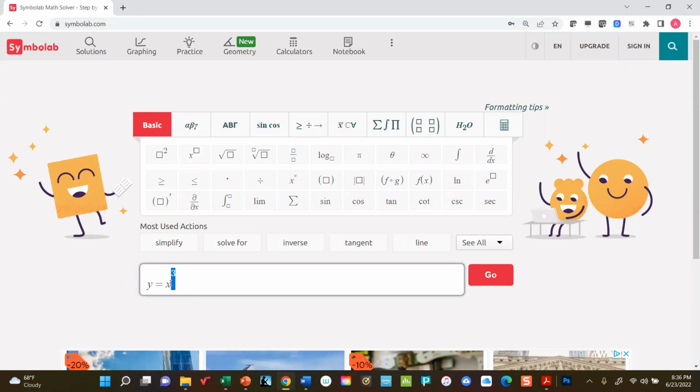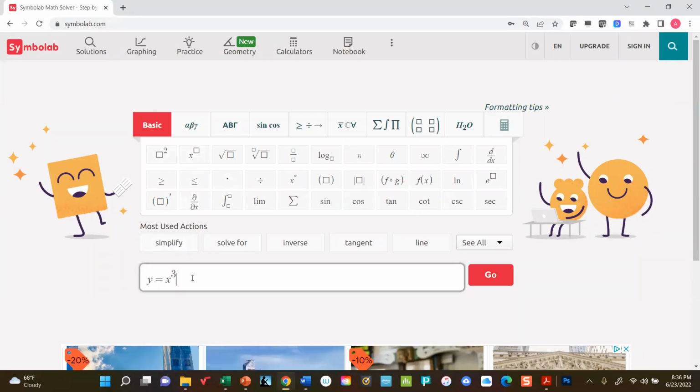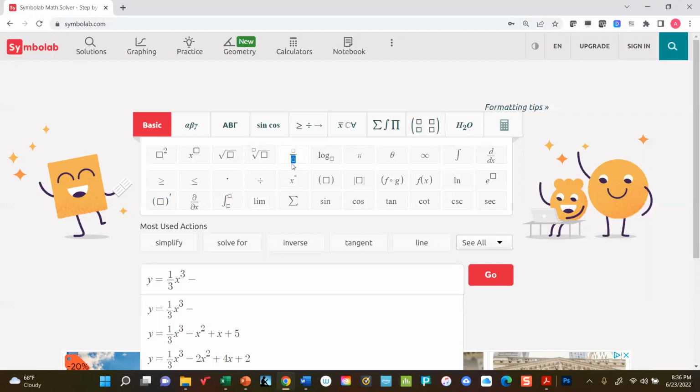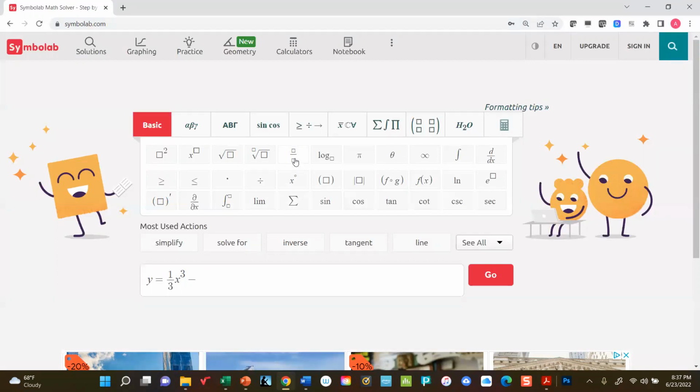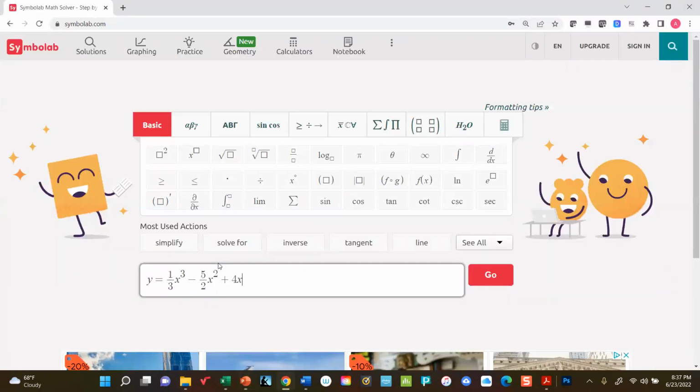It's 1/3 x cubed minus 5/2 x squared plus 4x. All right, let's take a look at this thing.